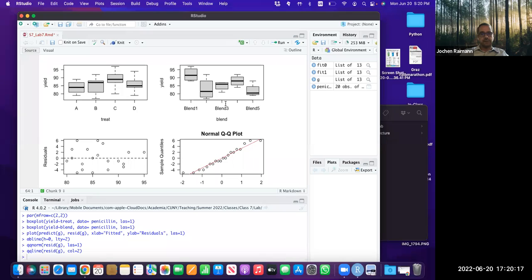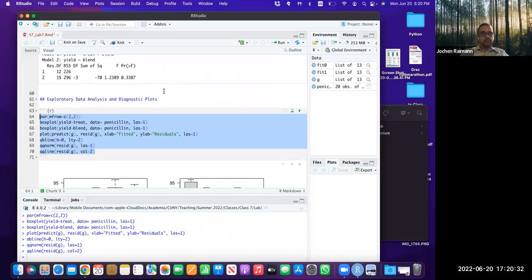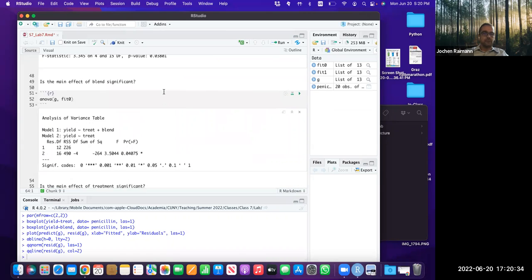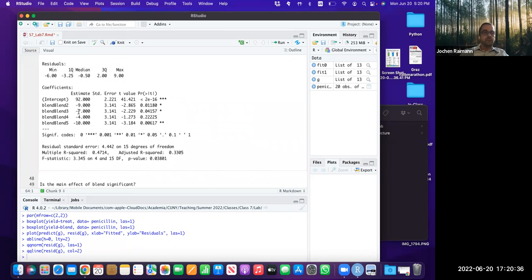So now we're seeing this same outline here, in essence, where we see quite some variation with some particularly strong outliers, with blend 1 being here pretty much the leading yield, which we also have seen from various other models, where we basically see here blend 1 as compared to blend 5 has a difference of -10 yield.